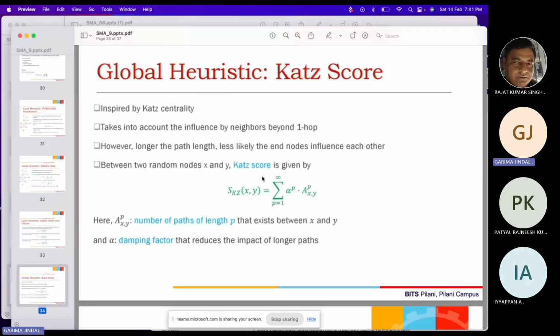So based on the number of paths between two nodes, we can predict whether an edge will be there or not between these two particular nodes. The Katz score can again be used in anomaly detection as well. It quantifies how close a particular node is to other nodes. So using this type of measure, you can design your own anomaly detection algorithm.